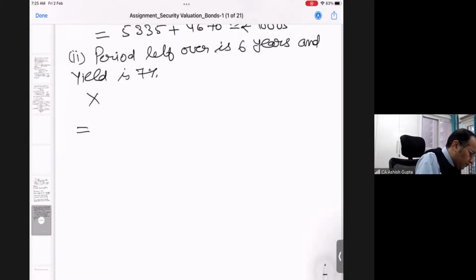So bond X, we compute, since it is carrying an 8% coupon, as we have done earlier.